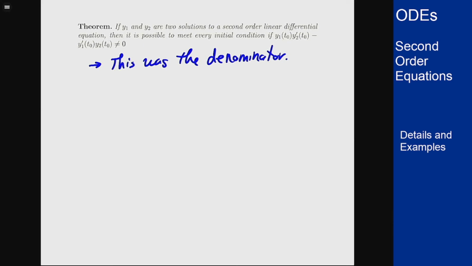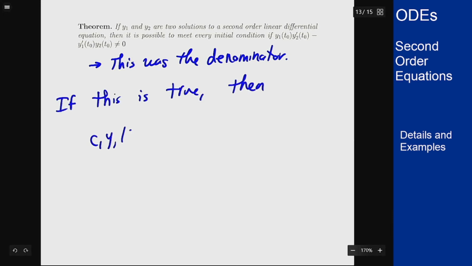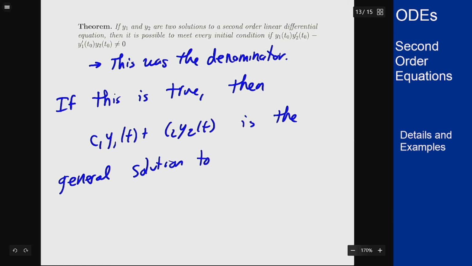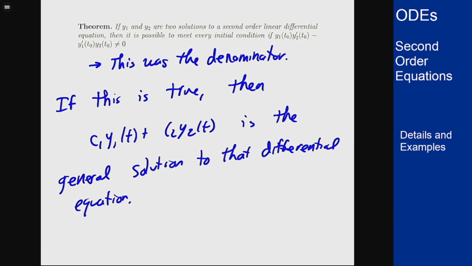If this fact is true, this gives us the ability to call this a general solution. So if this is true, then c1 y1 plus c2 y2 is the general solution to that differential equation, because I can use it for every initial condition.